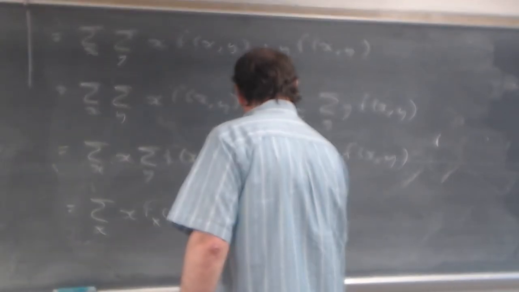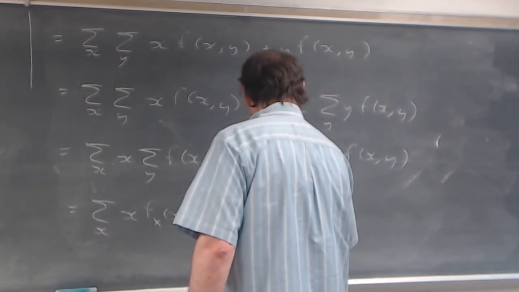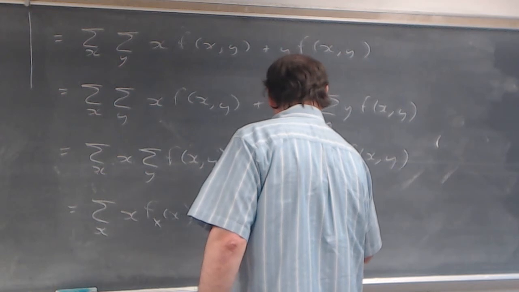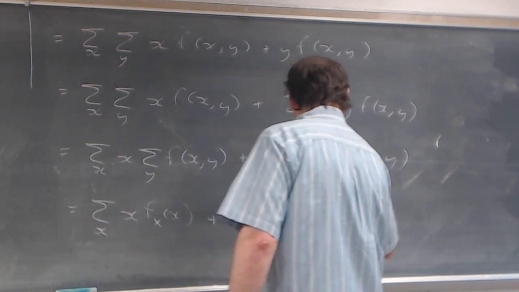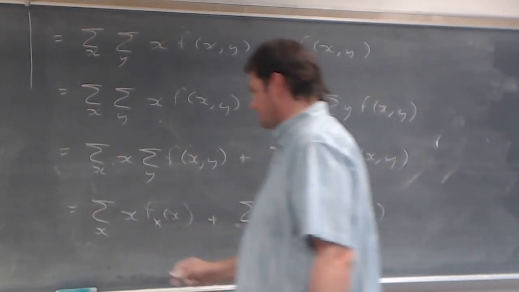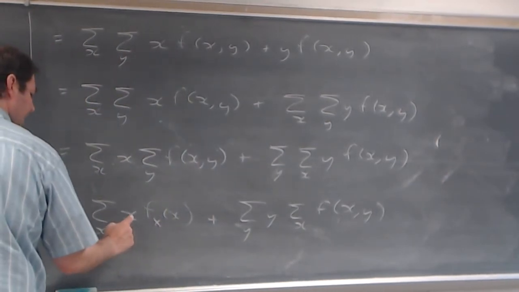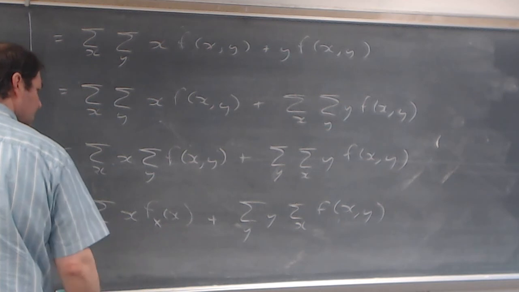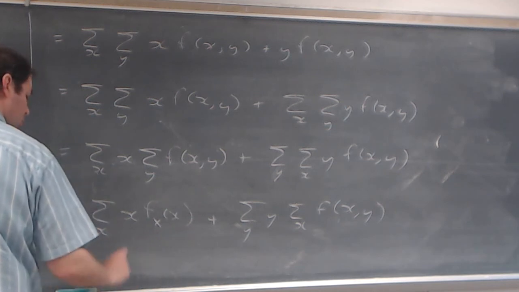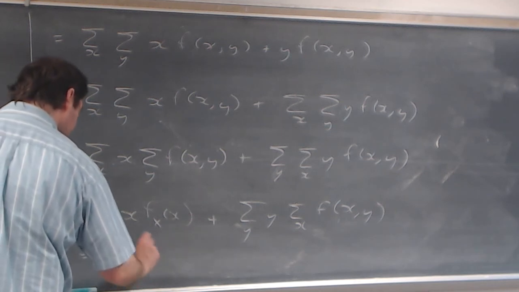Plus, here I'm going to factor out a y because it's constant with respect to x. Here, when you sum up over all the x values x times its PMF, what you get is the expected value of x.